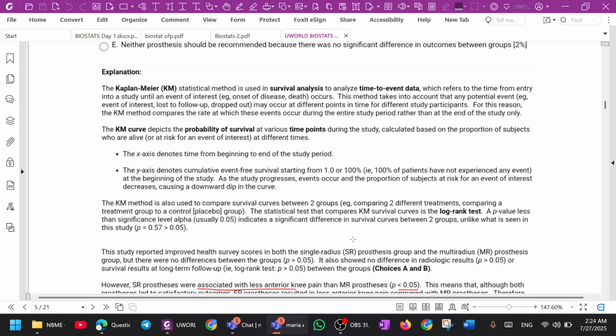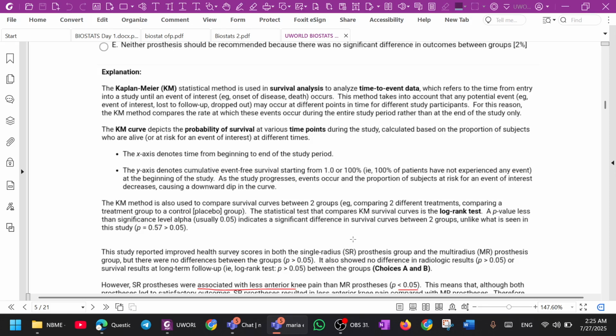The X denotes time, from the beginning to the end of the study period. The Y denotes cumulative event-free survival rating from 1 to 100%. 100% of patients have not experienced any event at the beginning of the study.